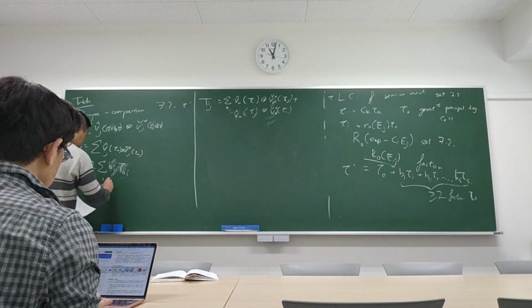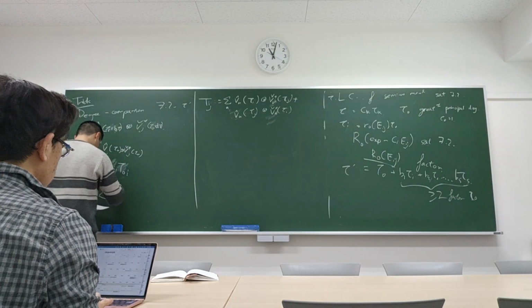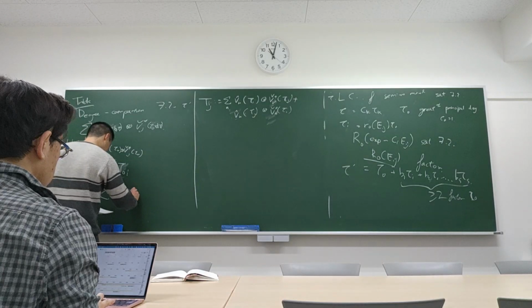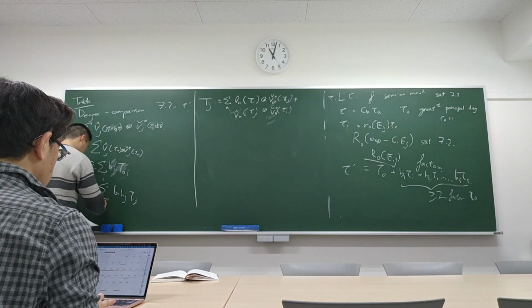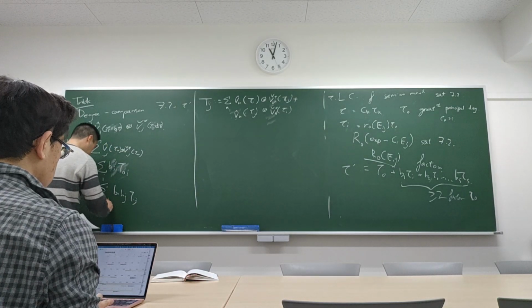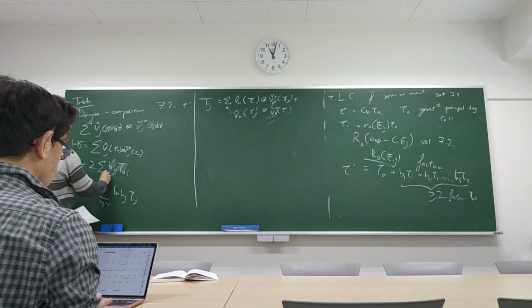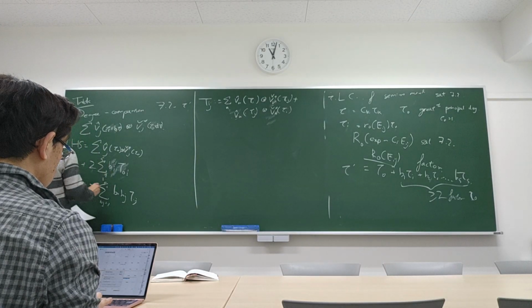So here we have this tau_0, b_i, b_j, tau_ij, where i and j run from 1 to s, here as well runs from 1 to s.